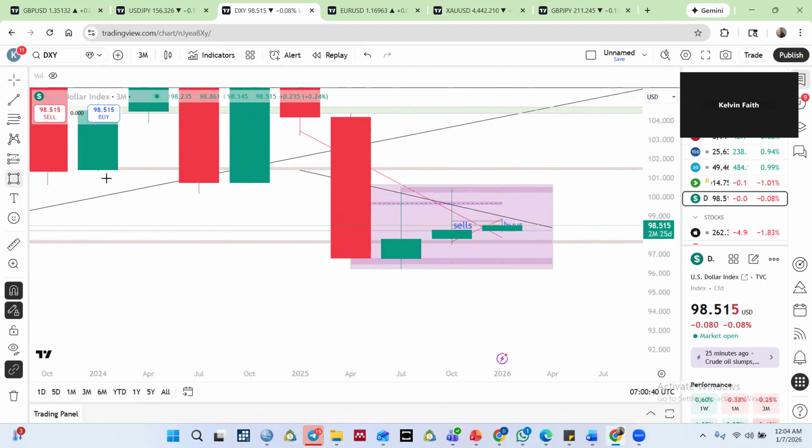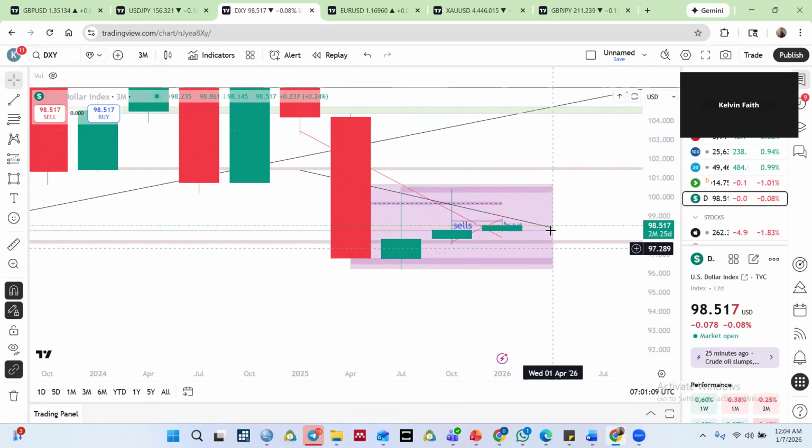And for a ranging market like this, we have a resistance area, which means sellers are very active up here pushing price down, and we have buyers here who are also trying to push the price up. So we need a body close above one side, and then we will know that there is a breakout here and the market might want to push up.